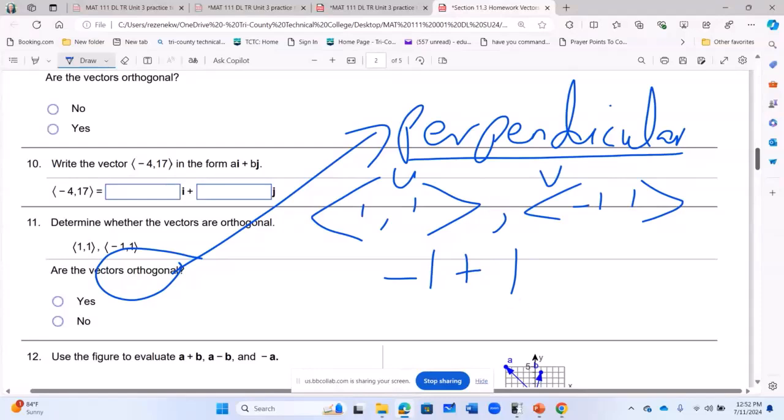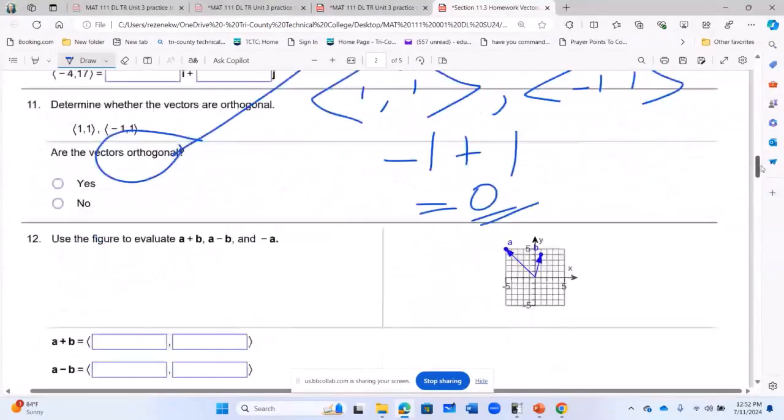Add these two together. -1 plus 1 is 0. Therefore, vector u dot v is orthogonal, perpendicular, because their dot product is 0.